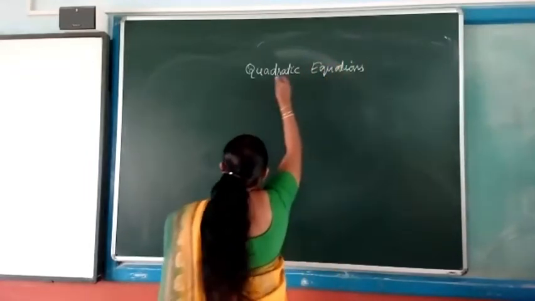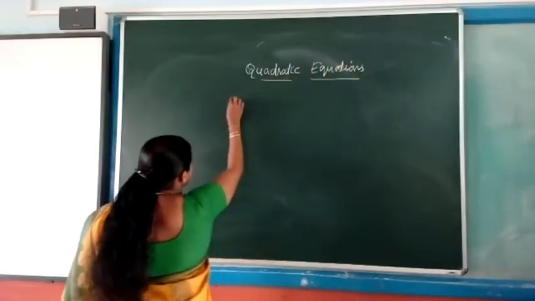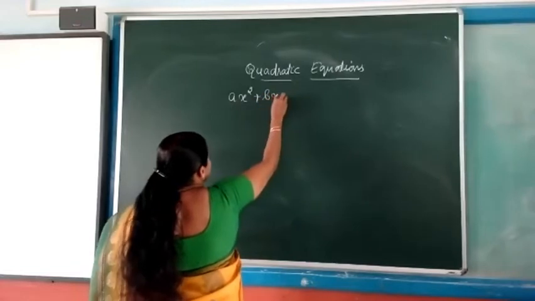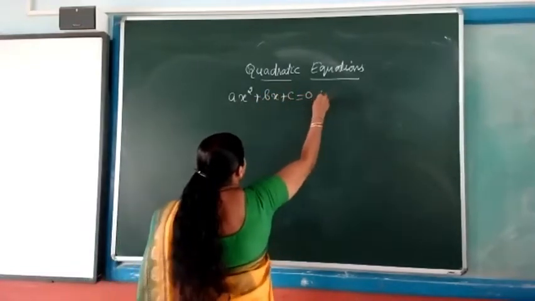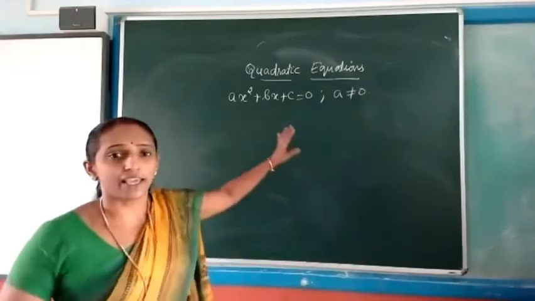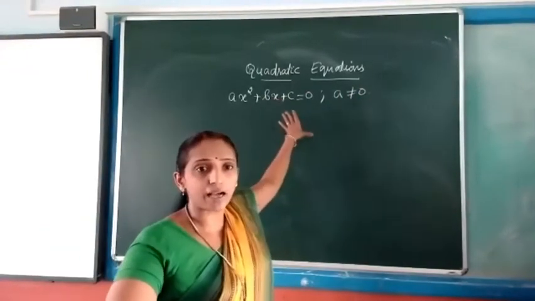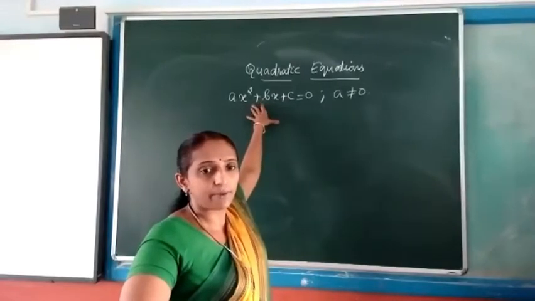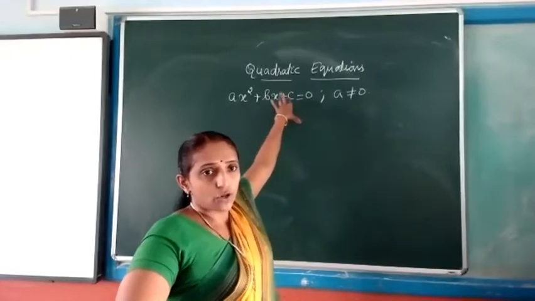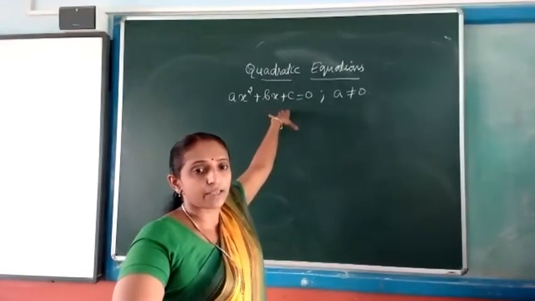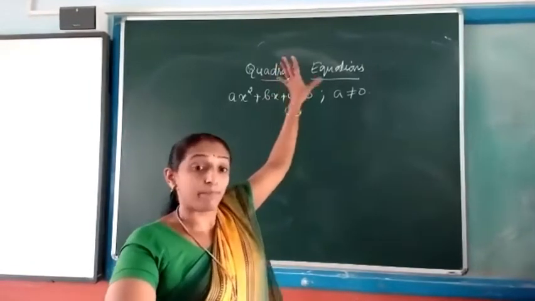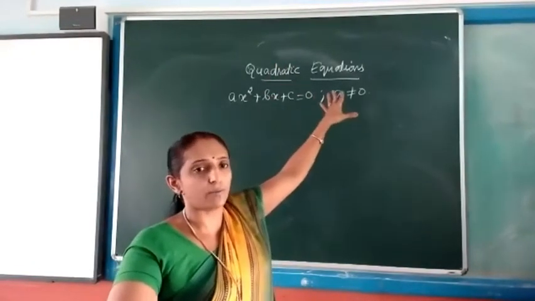A quadratic equation is an equation of the general form ax square plus bx plus c equal to 0. One condition: a cannot be 0. If a is 0, then this whole term will be 0 and you get a linear equation. So b can be 0, but a cannot be 0.